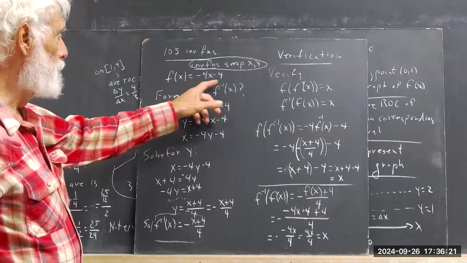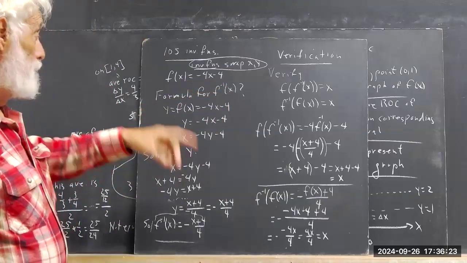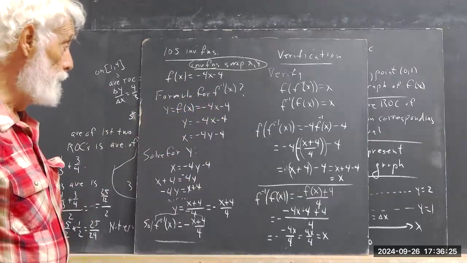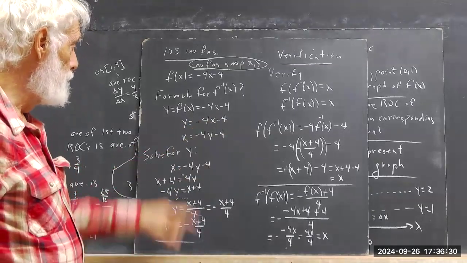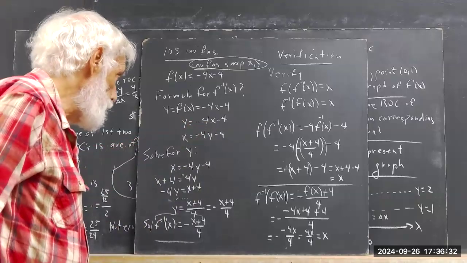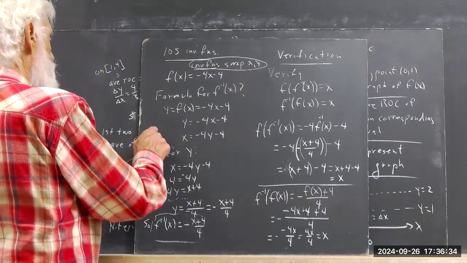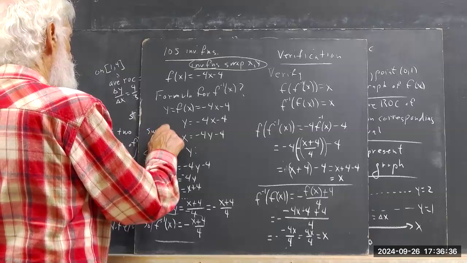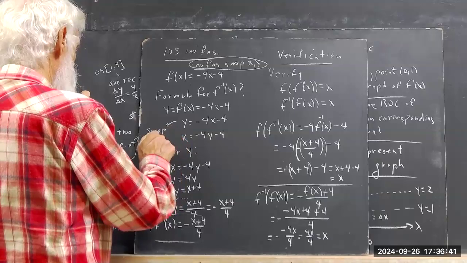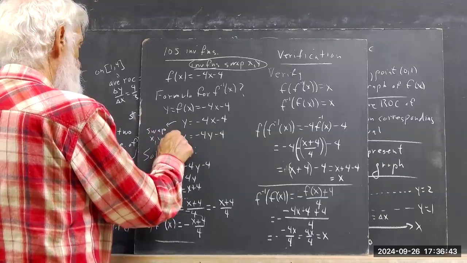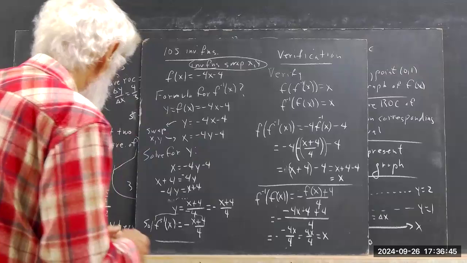Well, f of x equals negative 4x minus 4 means y equals f of x equals negative 4x minus 4. So it means y equals negative 4x minus 4. And now we swap x and y. We get this, and I think everybody understands that.